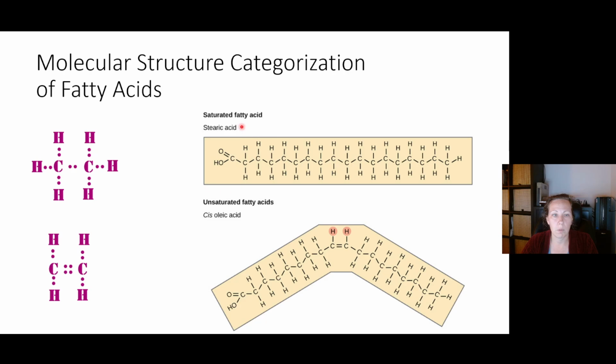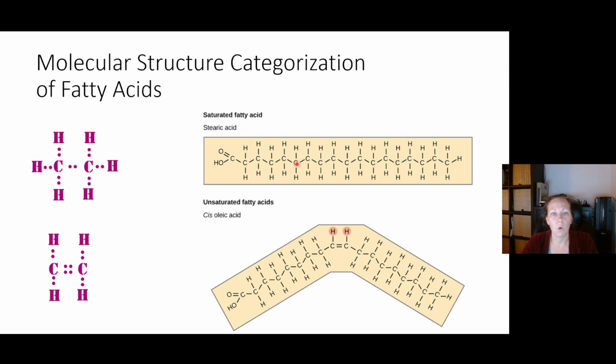Okay, so you have this carboxyl group. You kind of just ignore that. But look at the main carbon chain, just carbon, carbon, carbon, and all the hydrogens bonded to it. And you see that every carbon has 2 hydrogens bonded to it, except for the ones at the ends, which would have 3 because they don't have another carbon to bond to.